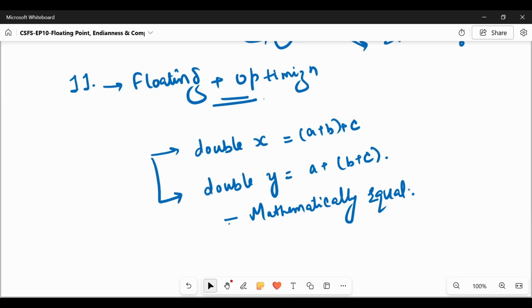At the floating point level, they can be different because of the precision at which floating point does the calculation, and because of the order. Mathematically or arithmetically we can say the two terms will be equal, but when precision comes in at the floating point level, then order may matter, so the output can be different. Optimization can affect the precision level.